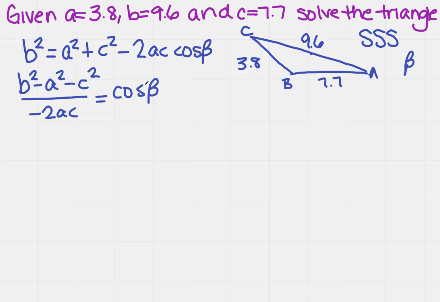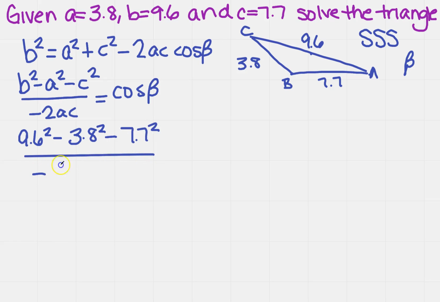Well, that helps me out, right, because I'm looking for beta. So I'm going to go ahead and plug in what I know. So I know 9.6 squared minus 3.8 squared minus 7.7 squared all over minus 2 times 3.8 times 7.7. And that's going to be cosine of beta.